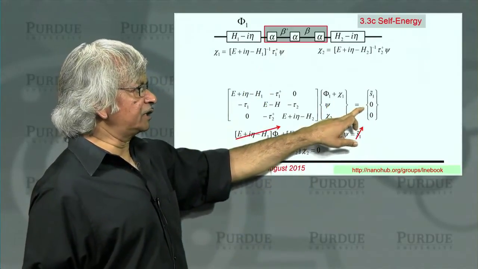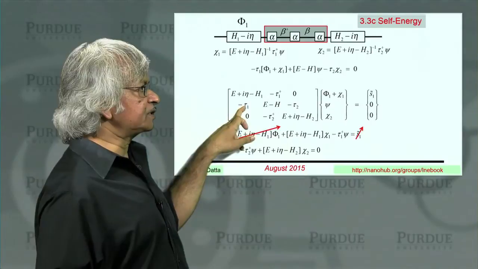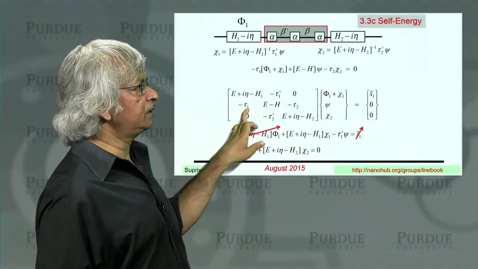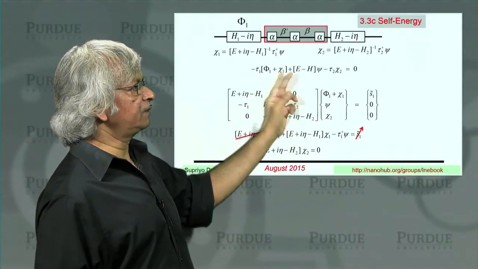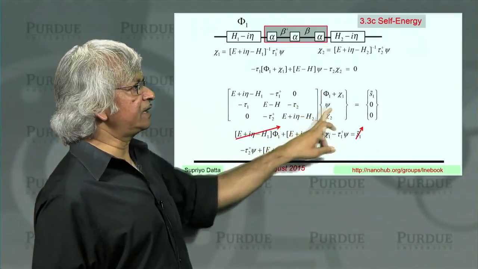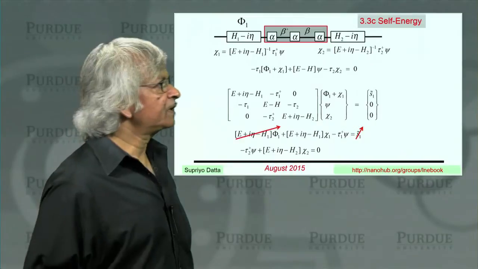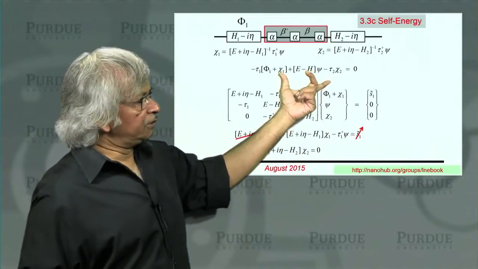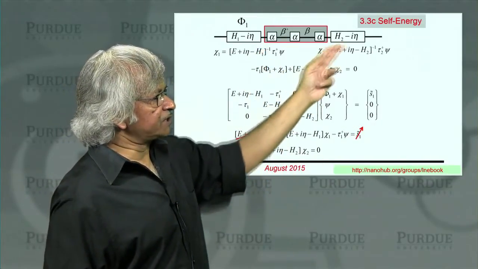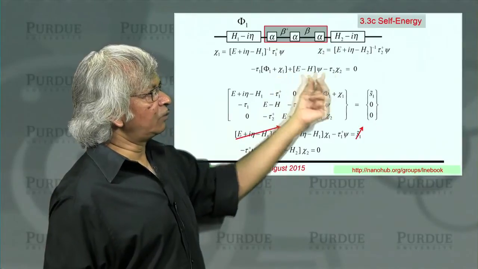And now we write out the middle equation, which looks like this. It's tau 1 times phi 1 plus chi 1, E minus H times psi, tau 2 times chi 2. That's equal to 0. So what we now want to do is use these two expressions to replace chi 1 and chi 2.